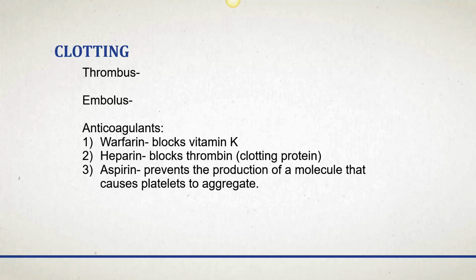If that blood clot dislodges and ends up circulating around in the body, then we call it an embolus. So an embolus is a blood clot that is moving through the bloodstream. That embolus can then be clogged somewhere in the body, and if it gets clogged there, it causes excessive tissue damage and suffocation to the tissue distal to the clog.